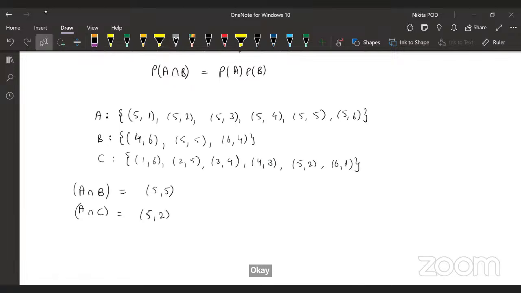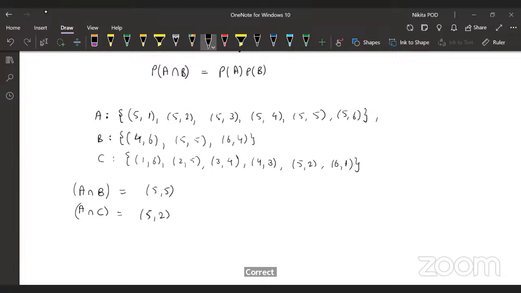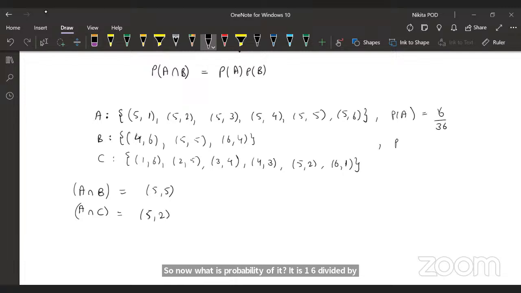And you have to check for the independence of A and B, and A and C. Correct. So now, what is the probability of A? It is 6 divided by 36. What is the probability of B? It is 3 divided by 36. Probability of C is 6 divided by 36.